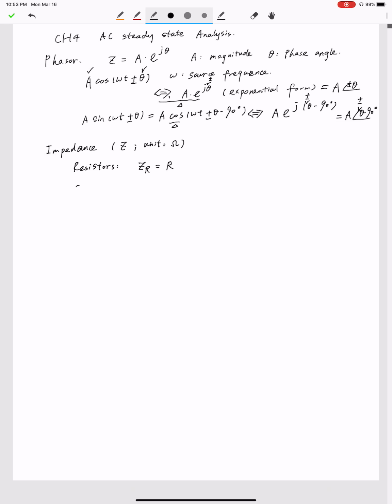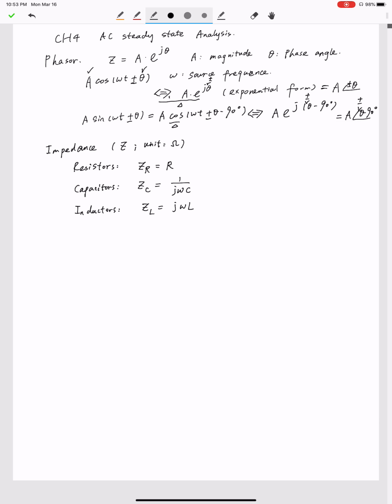For capacitors, the impedance Z_C is 1 over j omega C, and omega is the source frequency, as we mentioned earlier. And the last one, inductors. The impedance is j omega L, and L is the inductance.